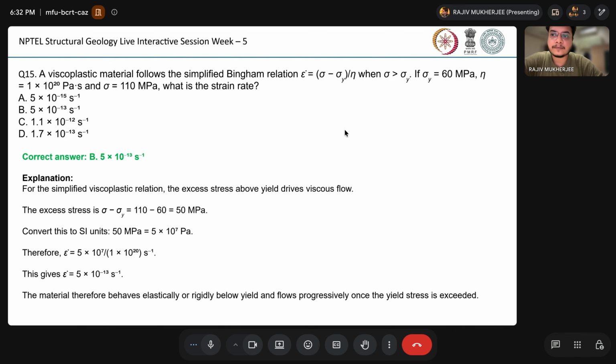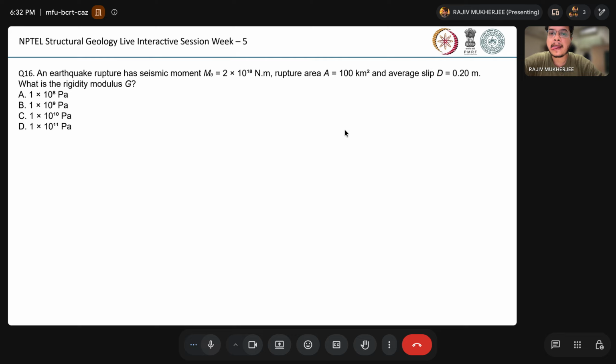Okay, moving to the next question. An earthquake rupture has seismic moment 2 times 10 to the power 18 newton meter. The rupture area is 100 kilometers square. The average slip distance is 0.2 meter.